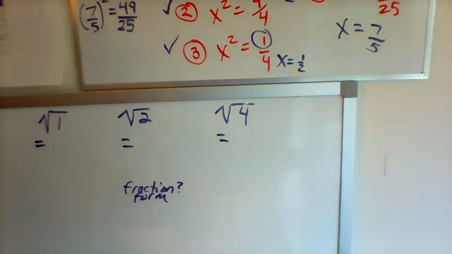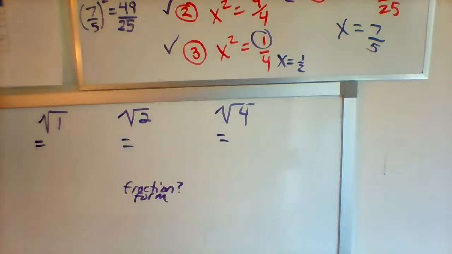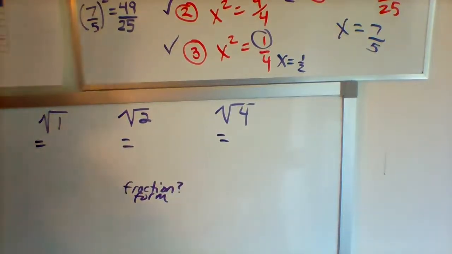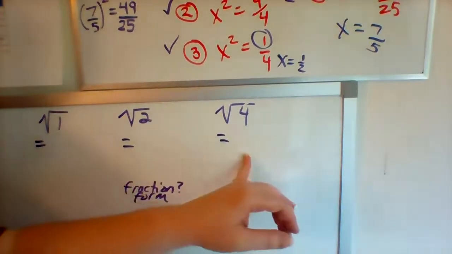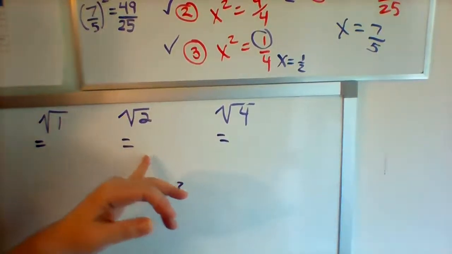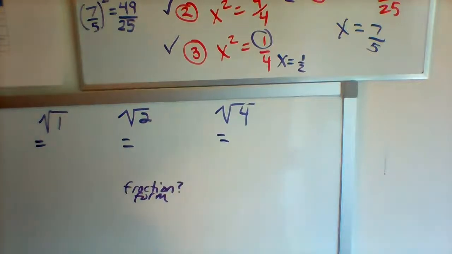Anybody? What's the square root of 1? What's the square root of 4? And what do we want to approximate the square root of 2 to be?